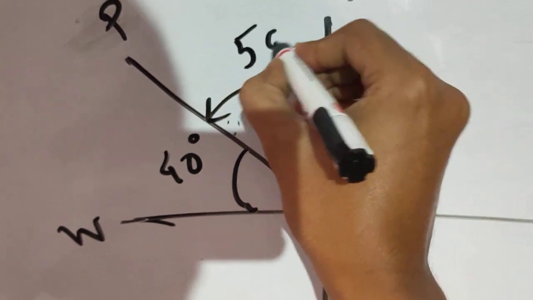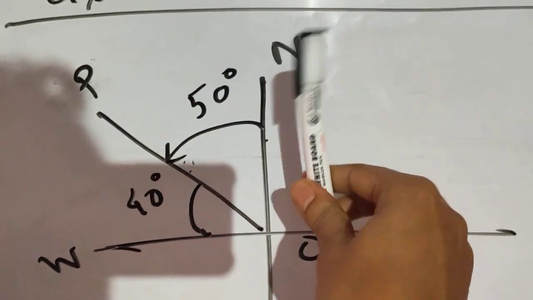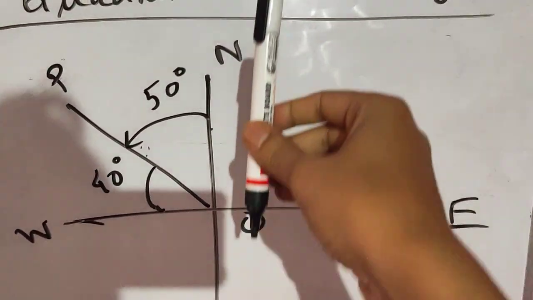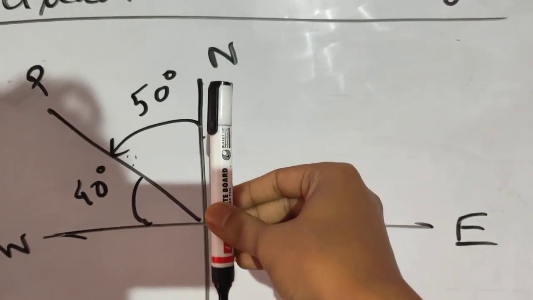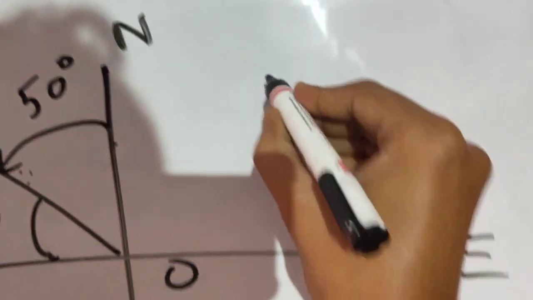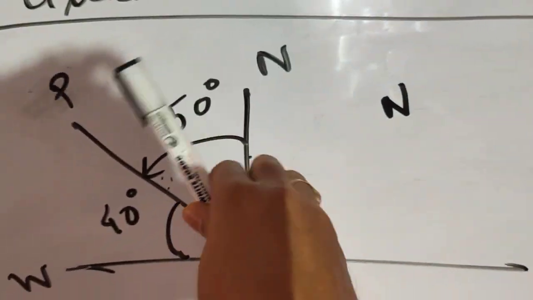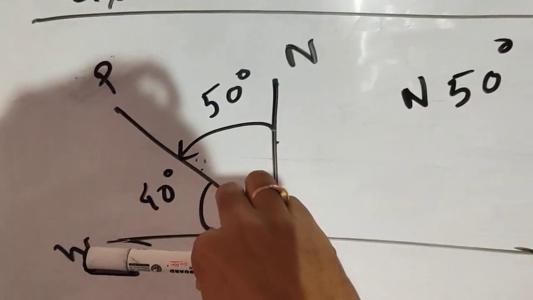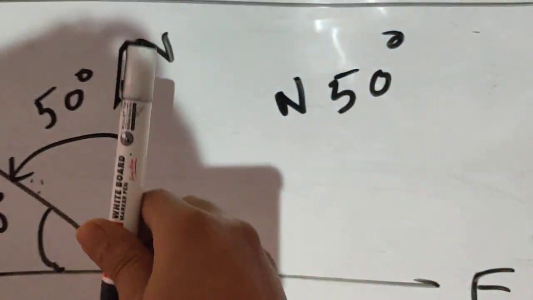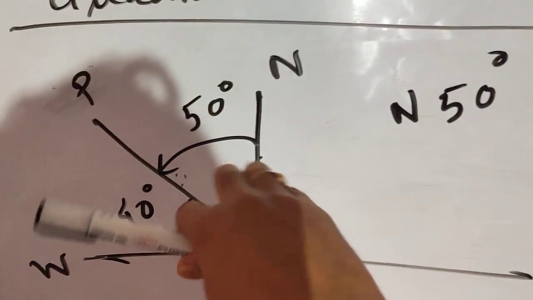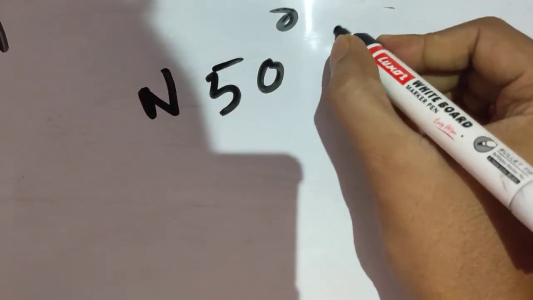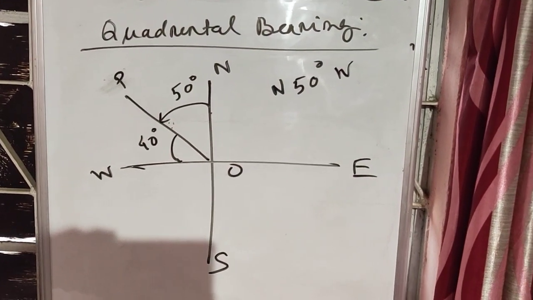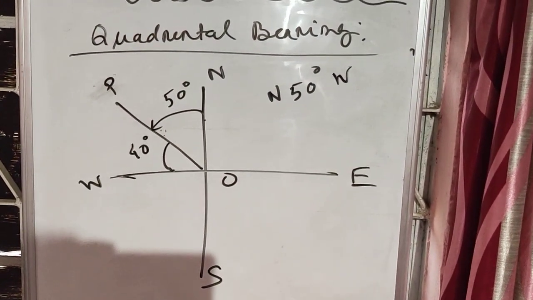We can move in both clockwise and anti-clockwise direction in this quadrantal bearing method. So what is the bearing of this line? Starting from north, north 50 degree towards west. So from north we are moving an amount of 50 degree towards west, and this is the bearing of this line OP in quadrantal bearing method: north 50 degree west.